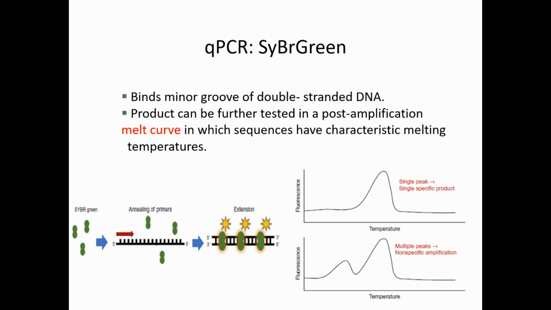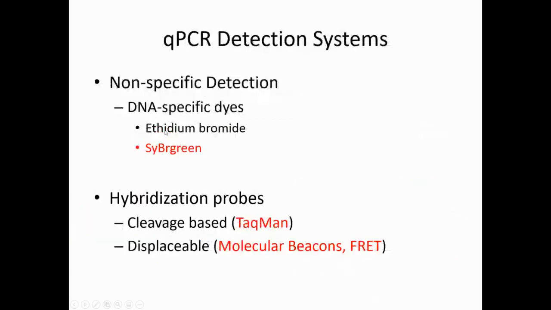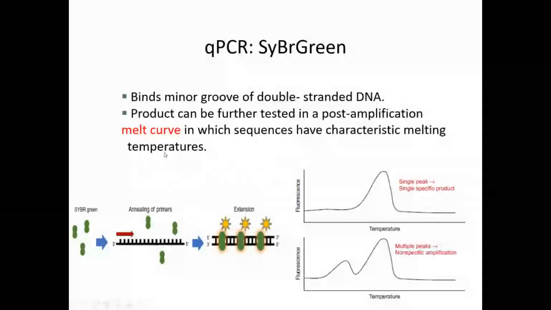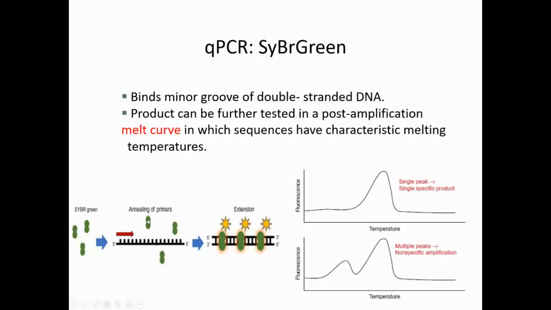So for this kind of non-specific detection, for ethidium bromide, SYBR Green, normally you have to perform the melting curve analysis to check the specificity of the amplified fragments.